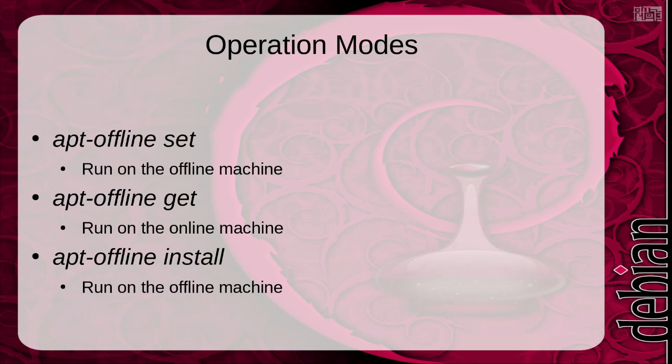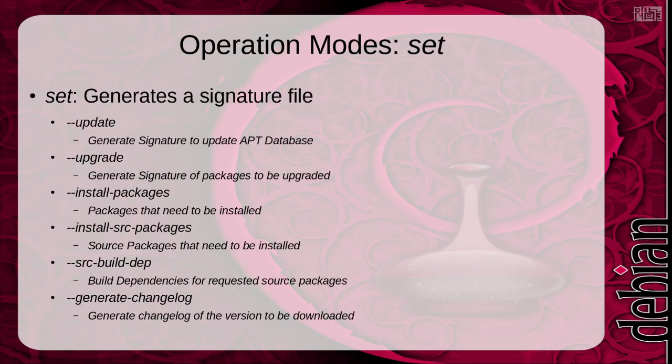The core requirement is that the Python interpreter needs to be available on the online machine. Same is for install. Once you get the data, you install it back on the offline machine with the install command. I'll talk more about each of these operations in detail in the next slides.